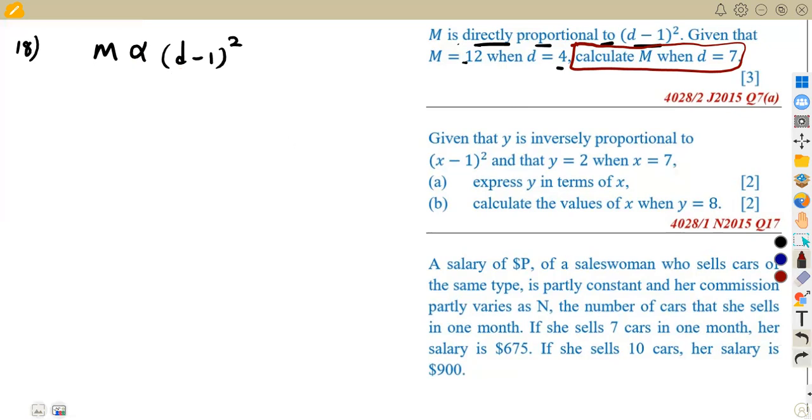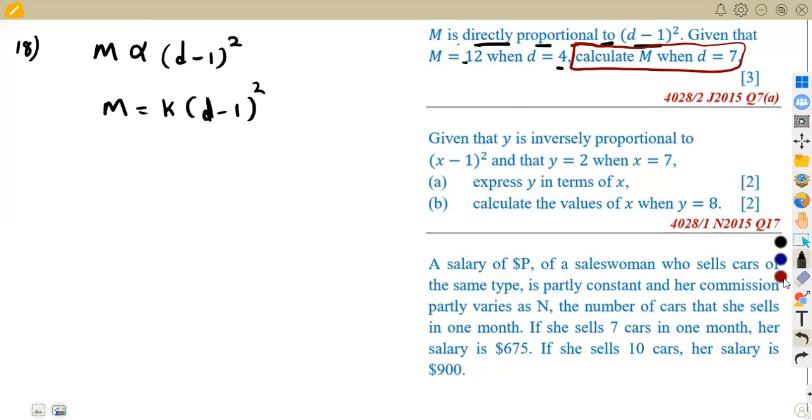For now, we are just saying these two can be connected, but with what? There must be something connecting them, which is the constant connecting m and d. So we are supposed to introduce the constant. So m is equal to k into d minus 1 squared, which is not enough because we need to know the numerical value of the constant.